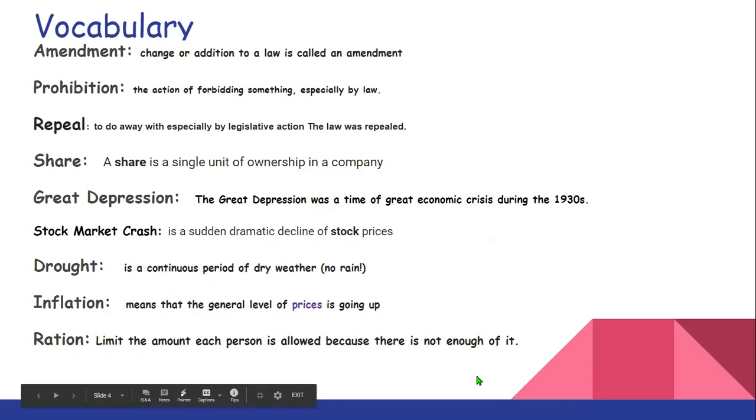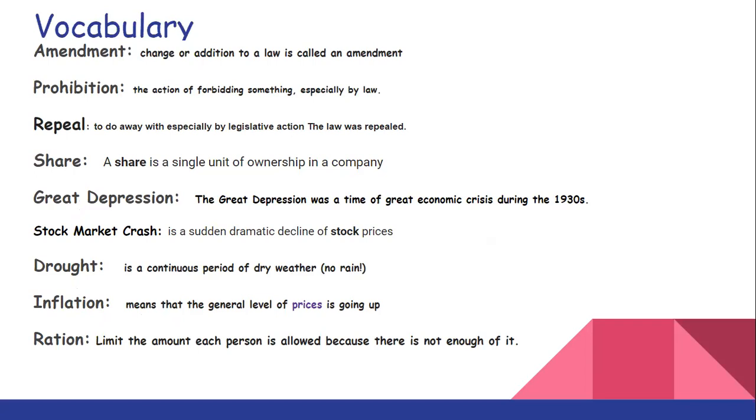So what's really interesting is we're actually going through a lot of these things right now with COVID-19. There could be a depression coming for us right now because there's not a lot of jobs, and the inflation means that the general level of prices is going up, and so they're starting to see that with things that are in high demand, like toilet paper, or eggs and meat and things like that.